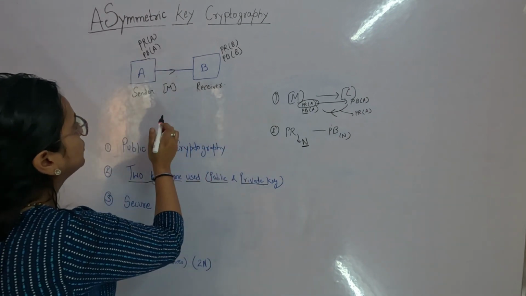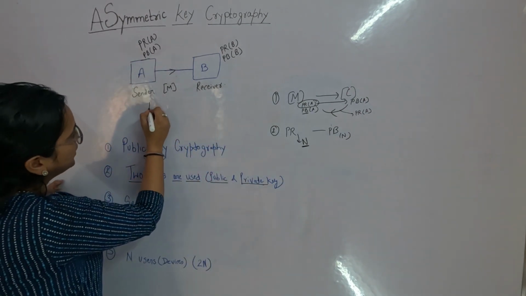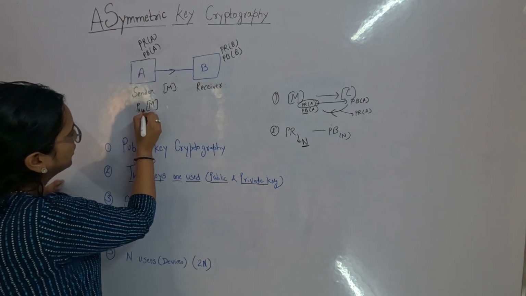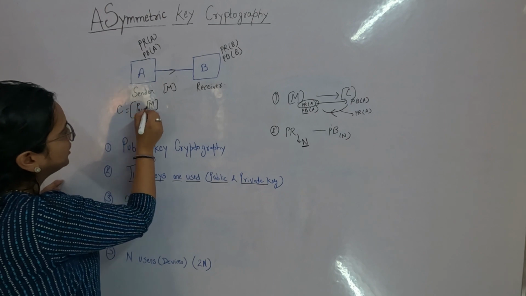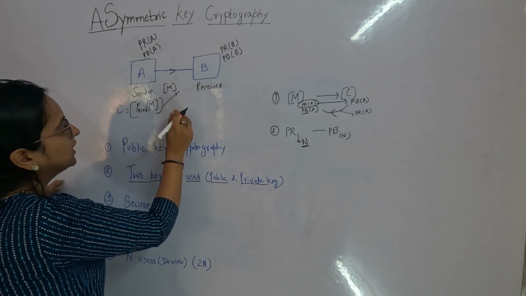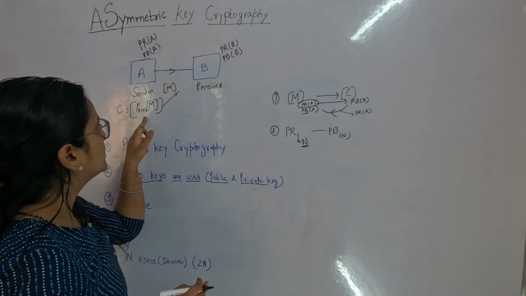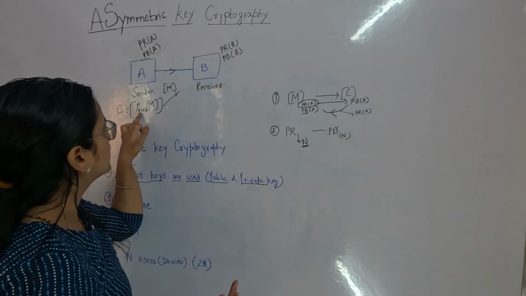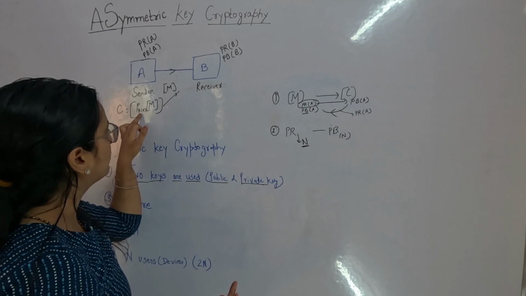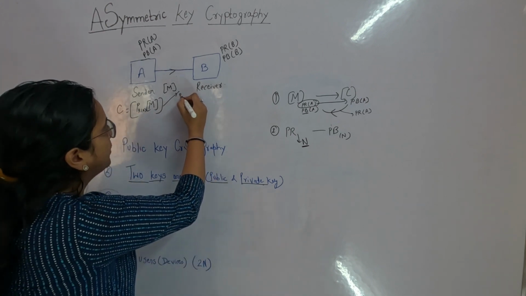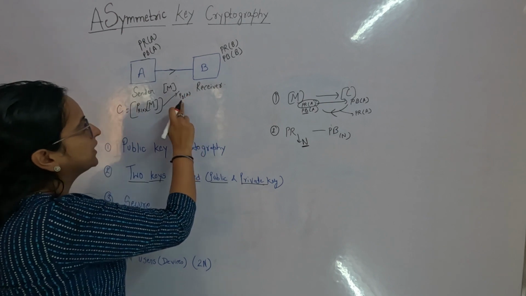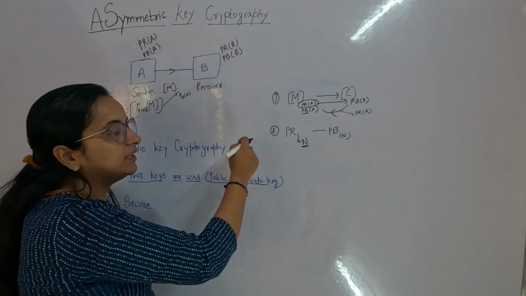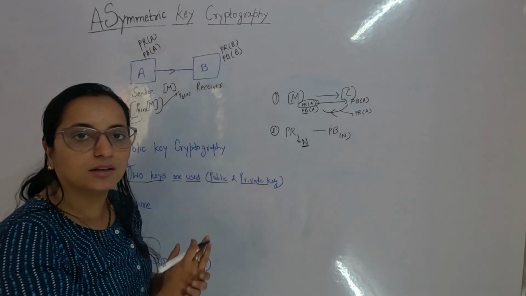Now, let us suppose we are encrypting this message M with the private key of A and sending it to the receiver B. At the receiver end, because it is encrypted with the private key of A, it can be decrypted only with the public key of A. But the public key of A will be available not only to B but to every user in the network.